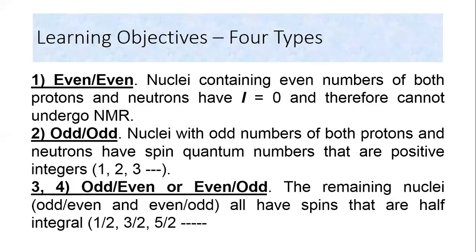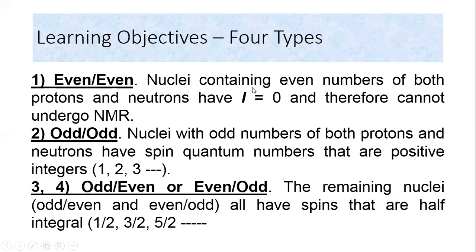There are four learning objectives, and basically the nuclear spin is actually the filling of the neutrons or the protons in the energy levels. So there may be four possibilities. One is the even combination.